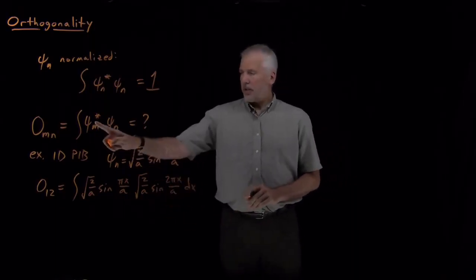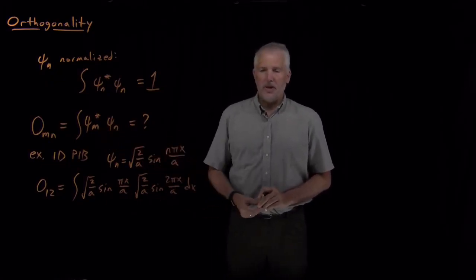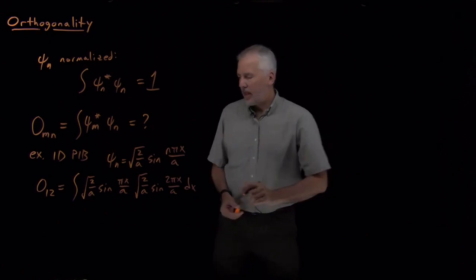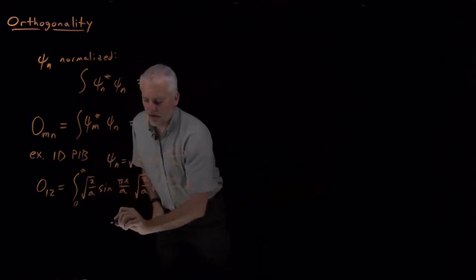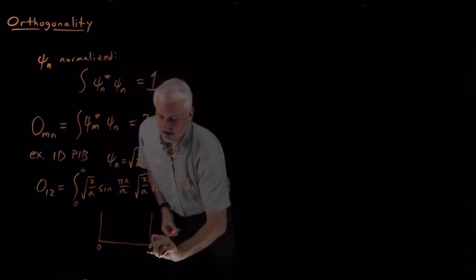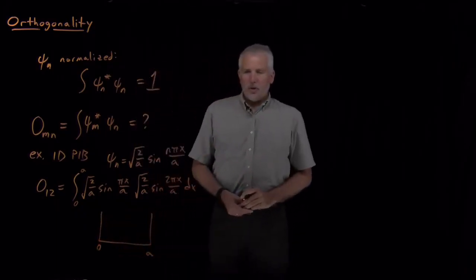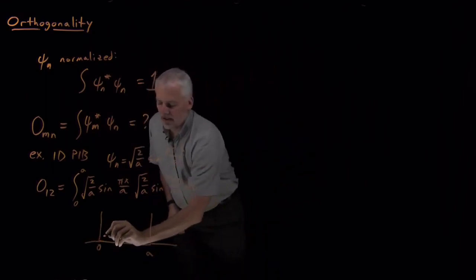I don't have to worry about the complex conjugate because there are no imaginary numbers in this wave function. This is the particle in a box, so I integrate from 0 to a, because the range is only between 0 and a, and the wave function is 0 outside that box. It's only non-zero inside the box.